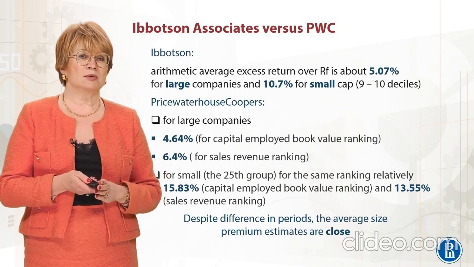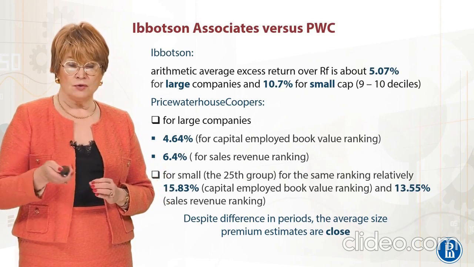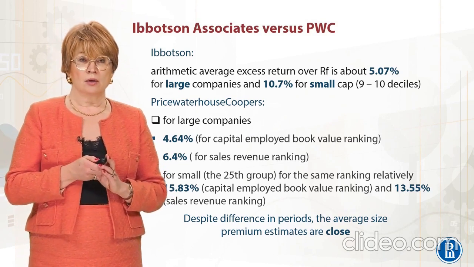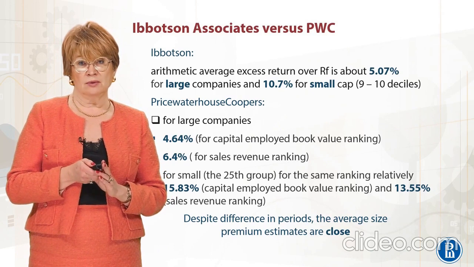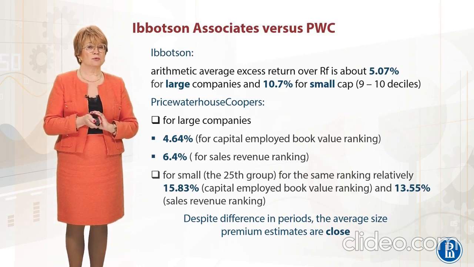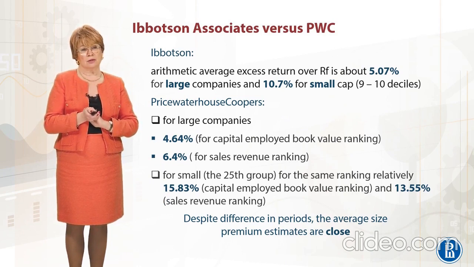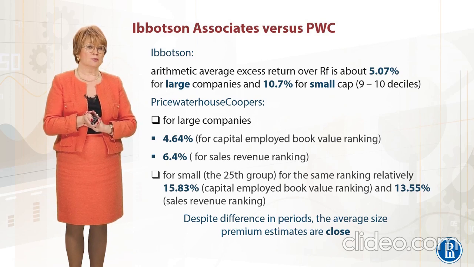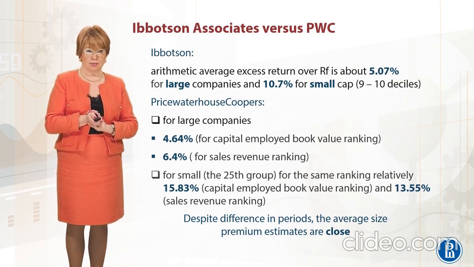If we compare now the results of Ibbotson Associates versus the results of the research group of PricewaterhouseCoopers, then we may say that Ibbotson Associates has the arithmetic average excess return over the risk-free rate of about 5.07% for the large companies, and it's much higher, even twice higher, 10.7% for small cap companies.